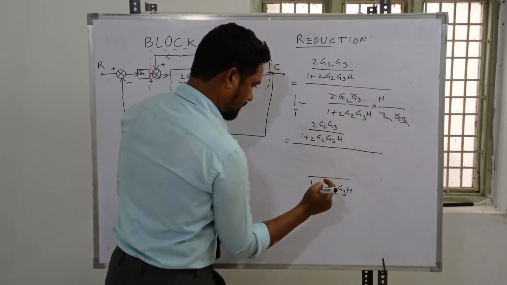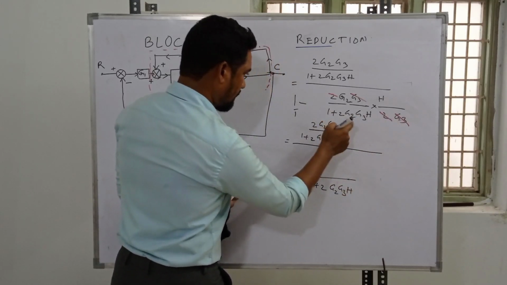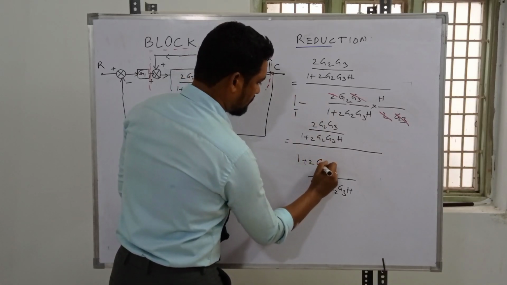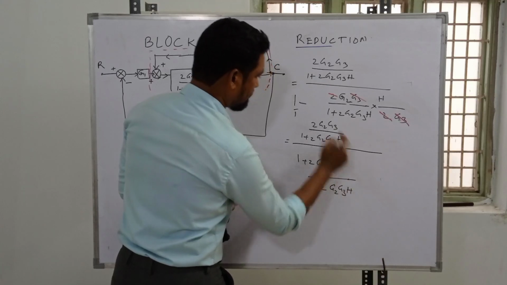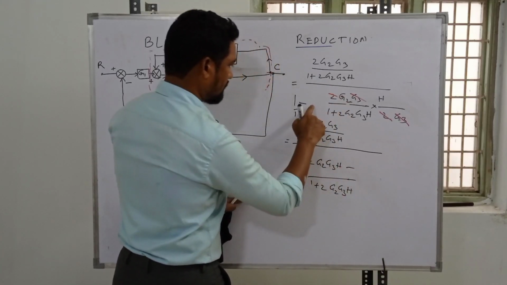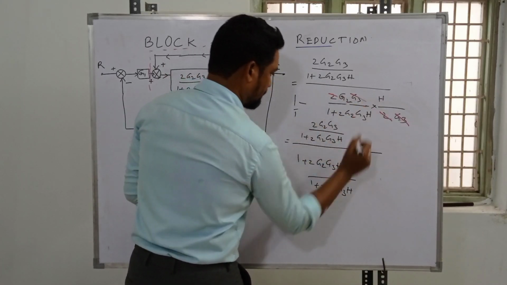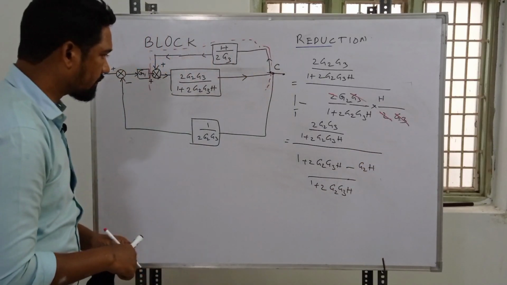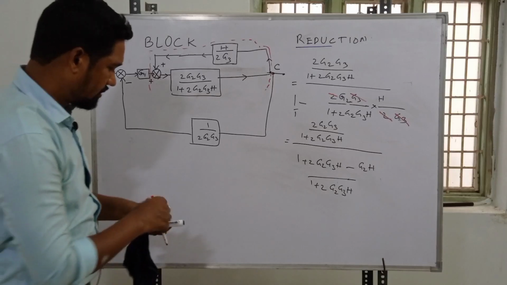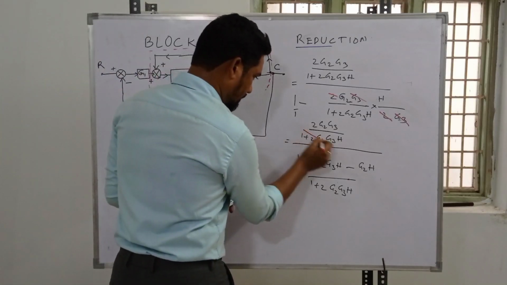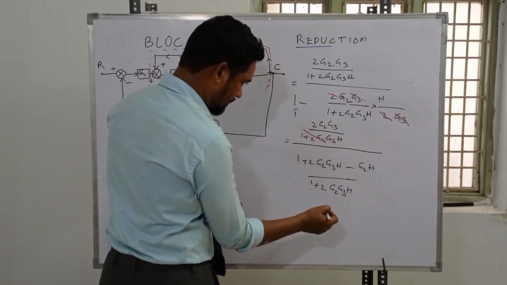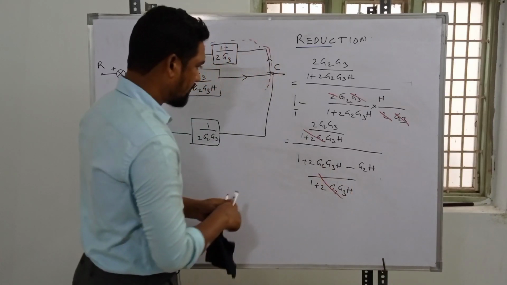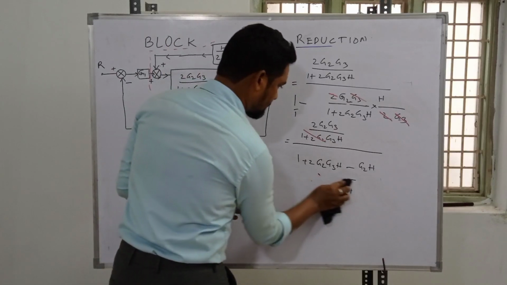Watch carefully: that one in the denominator, cross multiplying 1 plus 2 times of g2 g3 into h, and this one minus g2 into h. Something gets cancelled over here, guys: the denominator, they are alike, 1 plus g2 g3 h. This gets cancelled, and we'll be left with only this one.